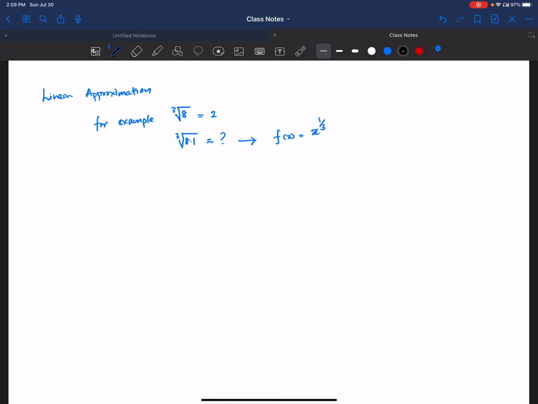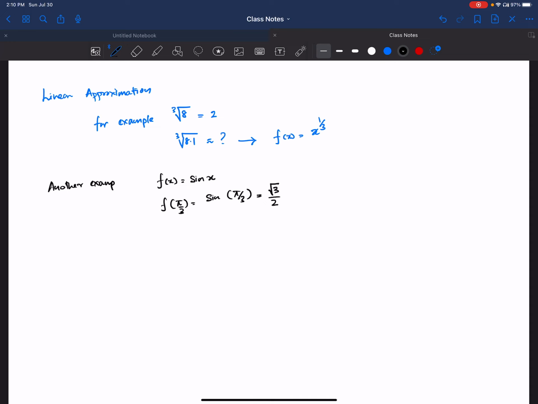And another example, if you're given f of x equals sine x, we can find f of pi over 3. That means sine pi over 3, which is equal to square root of 3 over 2.